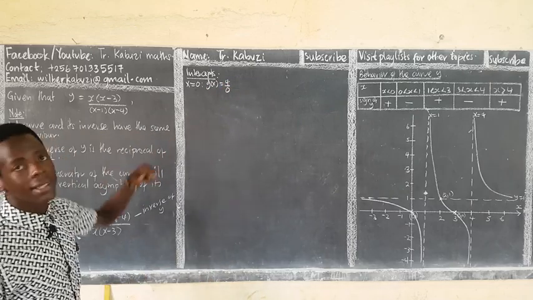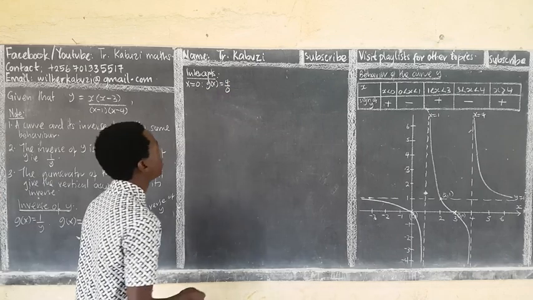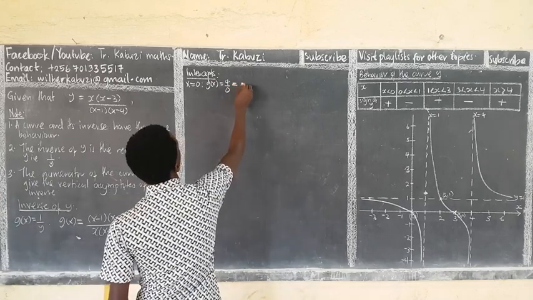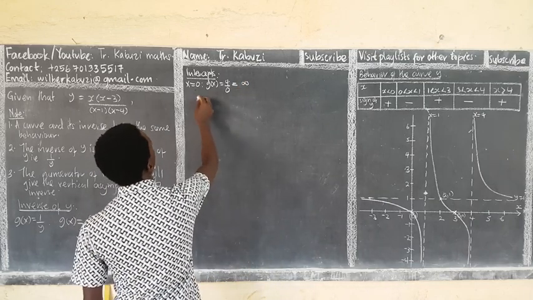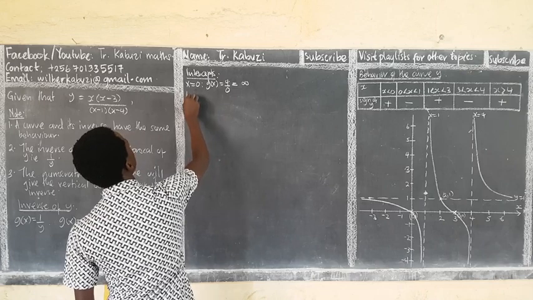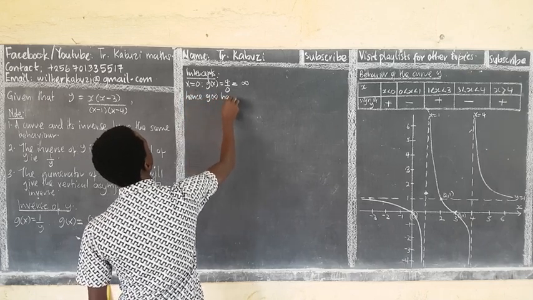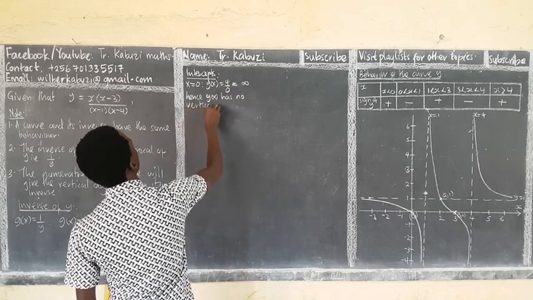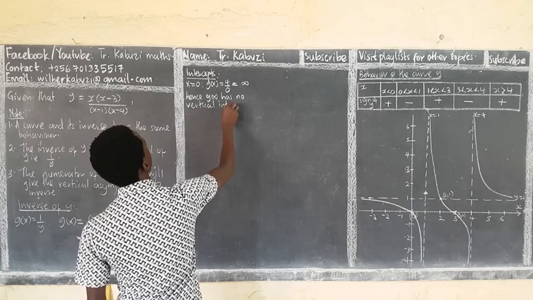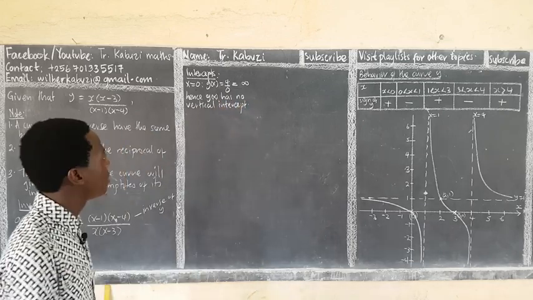So when x is 0, which asymptote is that? When x is 0 it is a vertical asymptote, and so this one is giving us infinity. So we conclude hence g of x has no vertical intercept. Why? Because we have a 0 in the denominator.